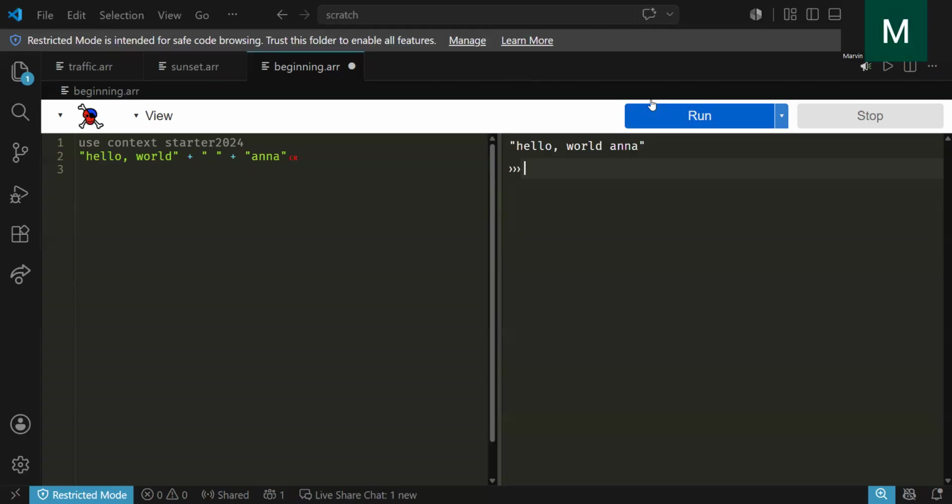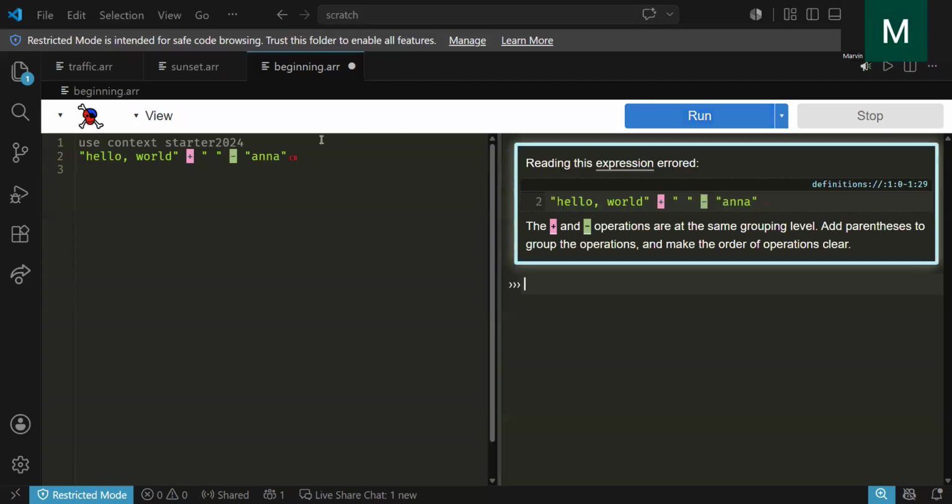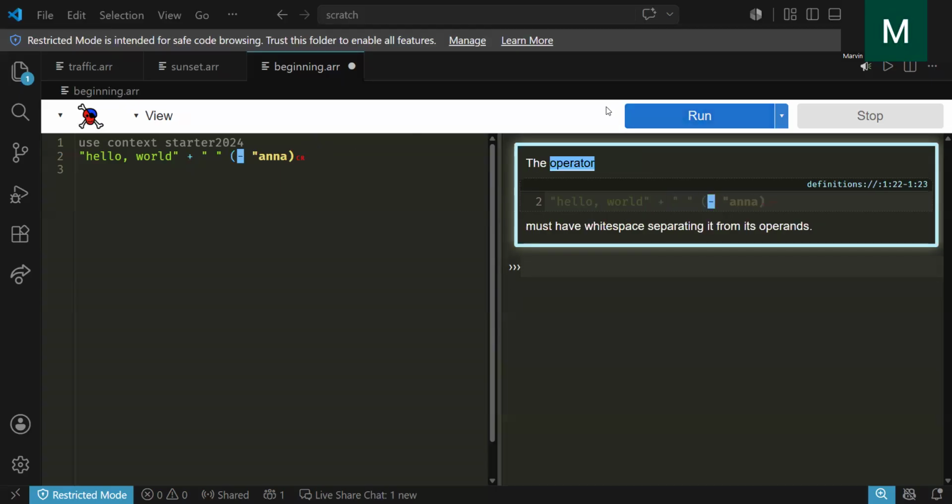Now, can we replace one of the plus signs with a minus? Remember order of operations?